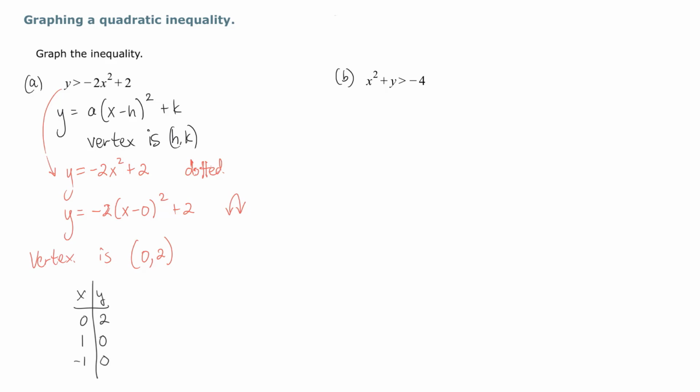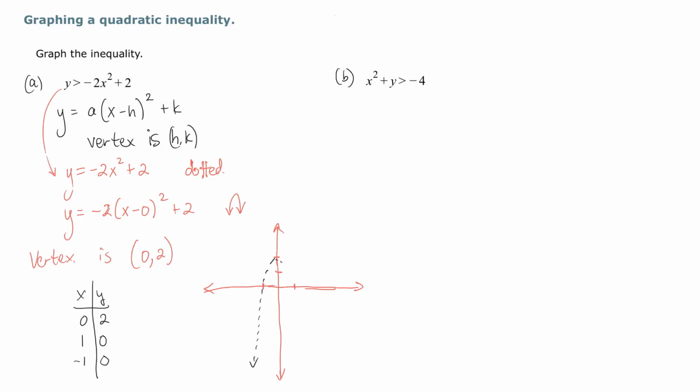Remember, this is going to be a dotted parabola. Draw your axes. (0, 2) right here, and then (1, 0) and (-1, 0). I'm going to draw a dotted parabola like that.